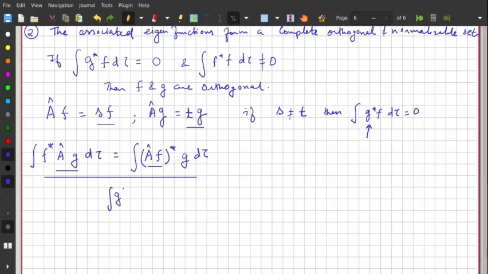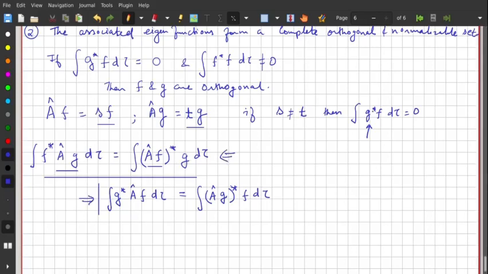So that will be the integral of g star A f d tau is equal to the integral of (A hat g) whole star f d tau. This statement is basically the same as the previous statement.